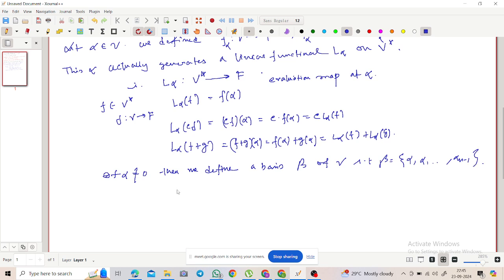And we define a linear transformation f alpha like the one we did here, from V to F.